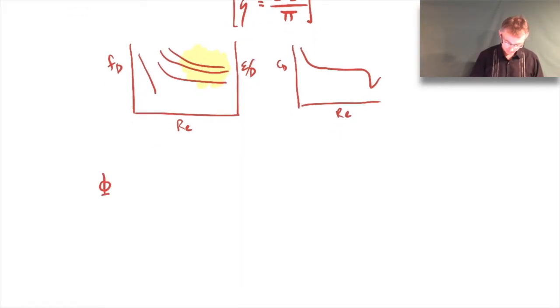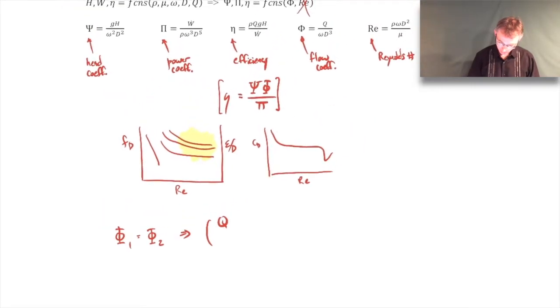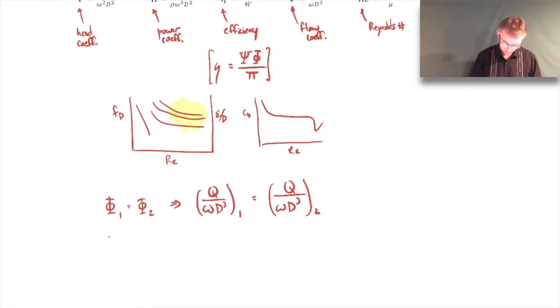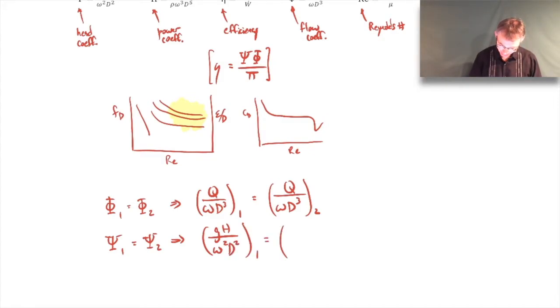So if we keep the dimensionless flow coefficient the same, that means we need to make sure, go back up here, that these quantities remain the same between scale 1 and scale 2. And of course, if we do the same thing for the head coefficient, it'll look like this. We're going to refer back to these relations that I'm writing now in just a moment.